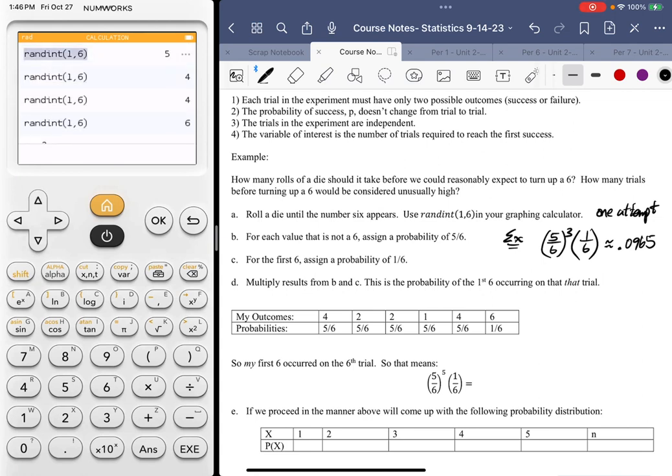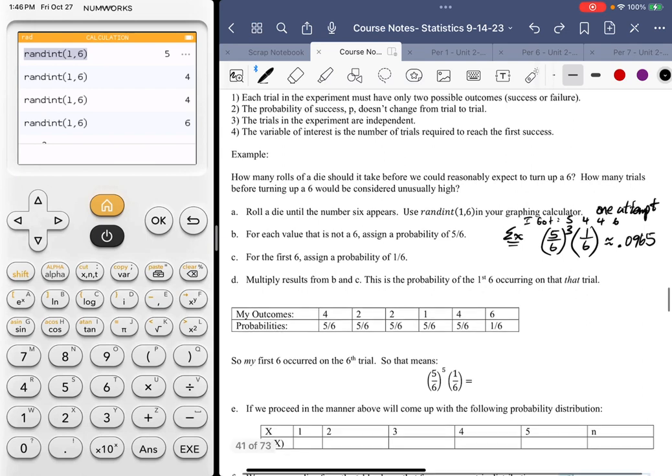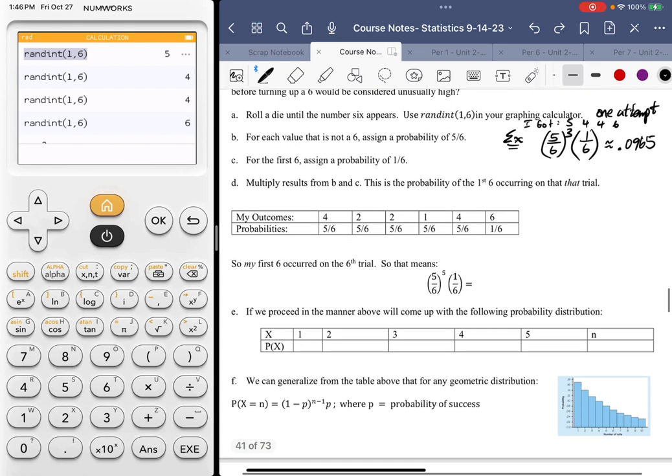So I got 5, 4, 4, 6. Now the example that I gave here, this pre-printed one from a previous experiment, is the same idea. Let's say my outcomes were 4, 2, 2, 1, 4, 6. My first success is on my 6th trial. So I failed 5 times.